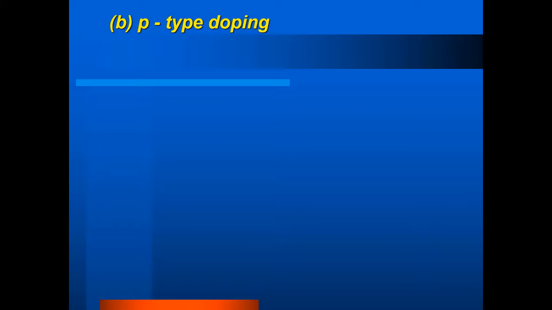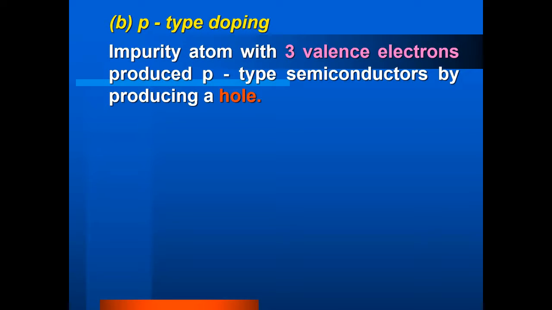Then we look at P-type doping. What is the difference between N-type and P-type doping? For P-type doping, we add an impurity atom with 3 valence electrons. This will produce a P-type semiconductor by producing a hole.